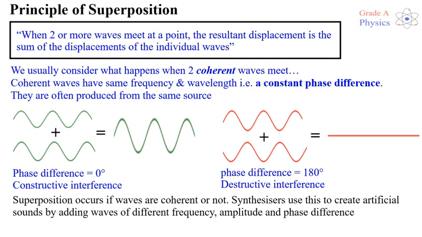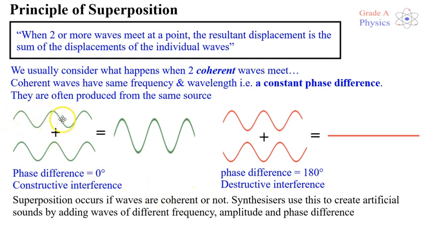Very often coherent waves are produced by the same source. For example, you might have two loudspeakers both connected to the same signal generator, and the waves are coherent as they're produced from the loudspeaker. The two extreme scenarios, and the ones we generally talk about, are constructive interference and destructive interference.